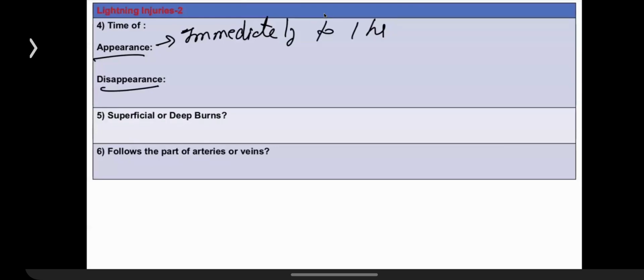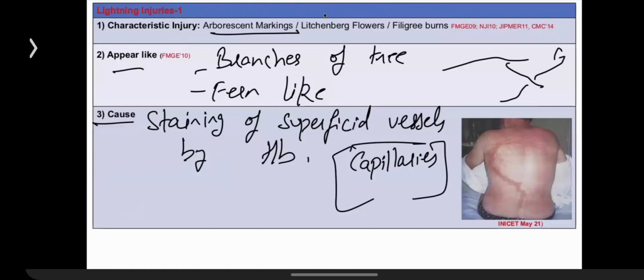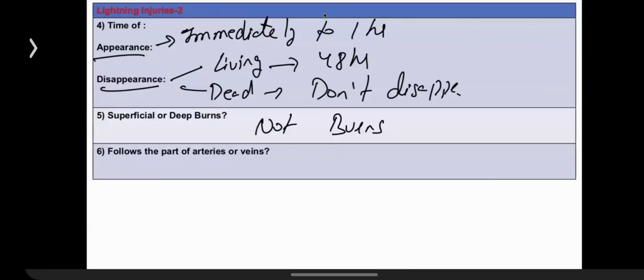If the person is alive, they disappear in 48 hours. If the person is dead, they don't disappear. These are not burns, though we call them burns. These are simply the staining of superficial vessels. It does not follow the path of arteries or veins.